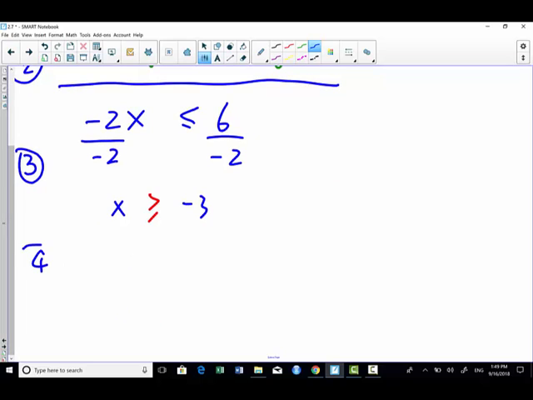Step 4, you can represent that inequality with interval notation. Because it's x greater than or equal to negative 3, negative 3 will be the left endpoint. You're going to use a square bracket because negative 3 actually is a solution, comma, infinity as the right endpoint. So that's your final answer.